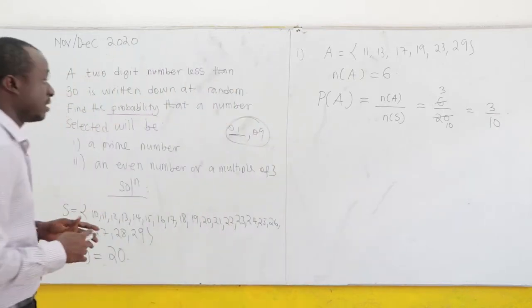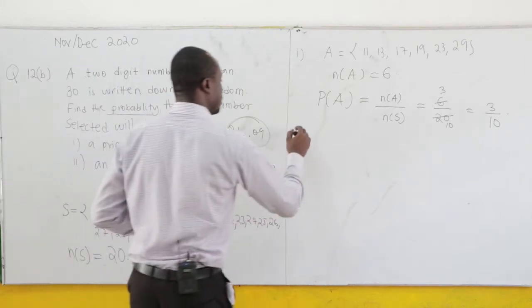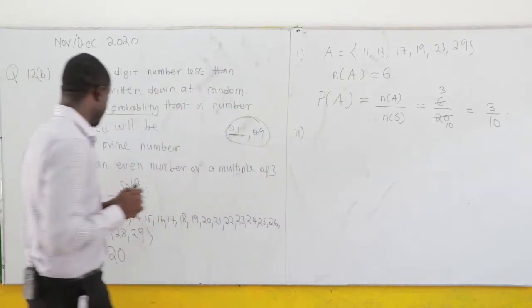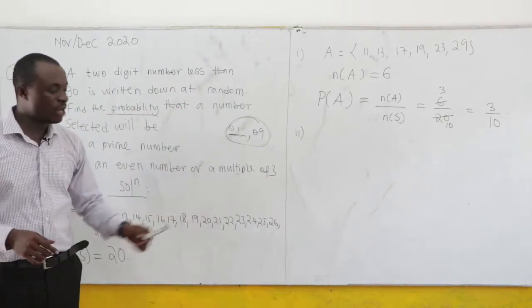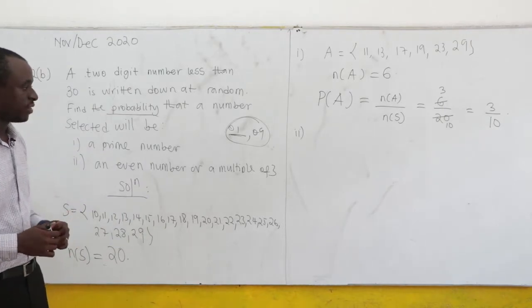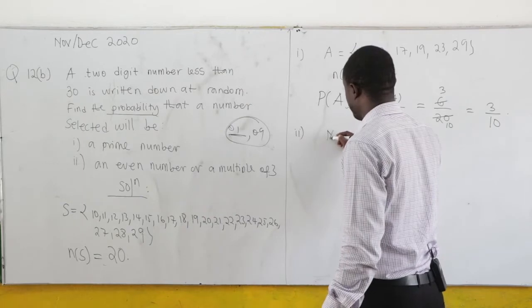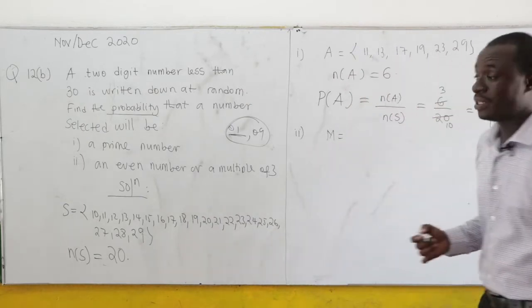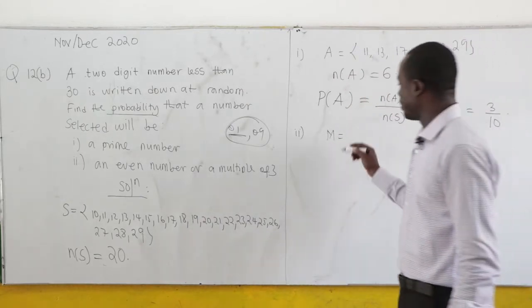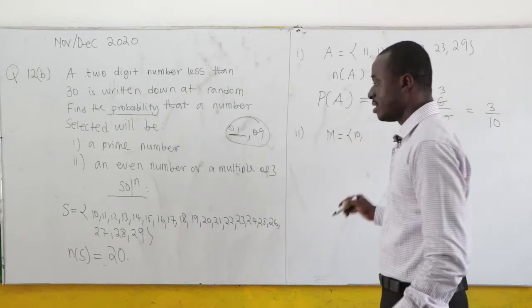Now let's see the second one. The second one says an even number or a multiple of 3. So for even numbers, let M be the event of even numbers. The even numbers, we can have 10 is an even number.